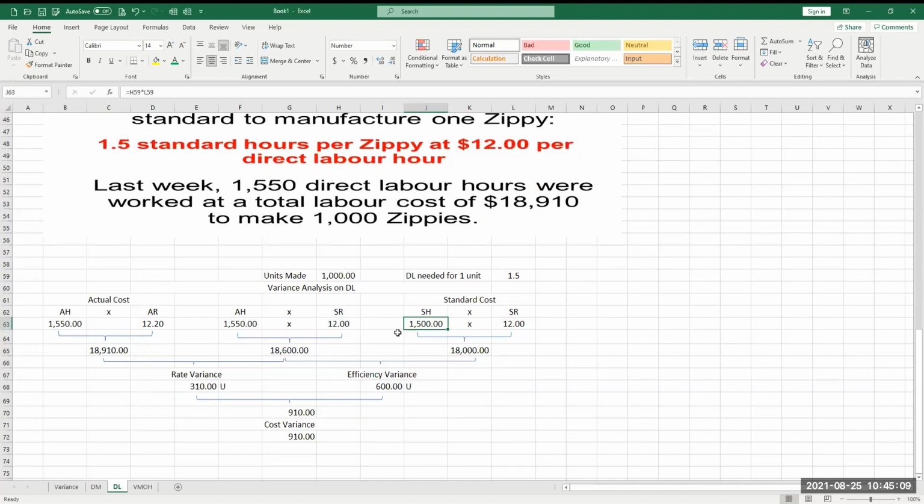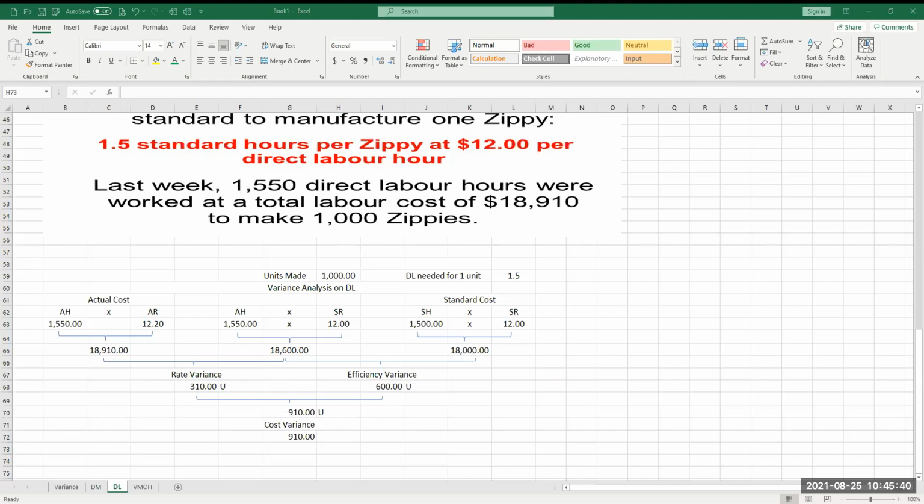First, efficiency variance: because I'm using 50 hours more, I'm paying $600 more. And because I'm paying 20 cents per hour more, I'm paying $310 more. Overall, I'm overspending $910. Remember those: rate variance $310 and efficiency variance $600, both unfavorable.